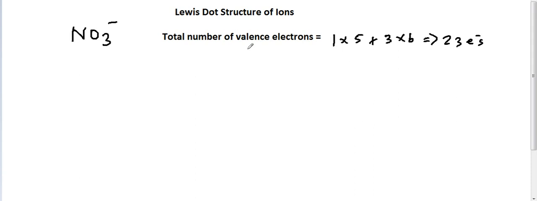As this is an anion, we are going to add one more to the total number of valence electrons. So the total is 24 now. If it is a cation, we are going to subtract based on the charge. In this case it is an anion, so we are just adding one electron to the valence electrons.